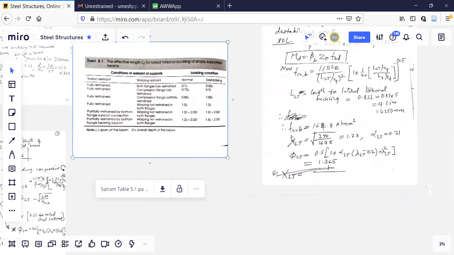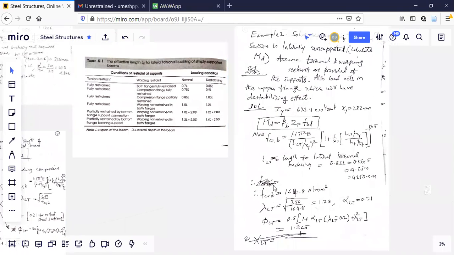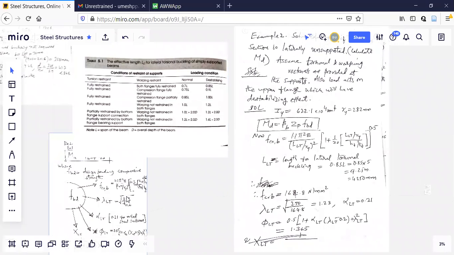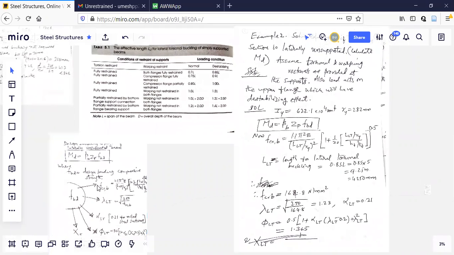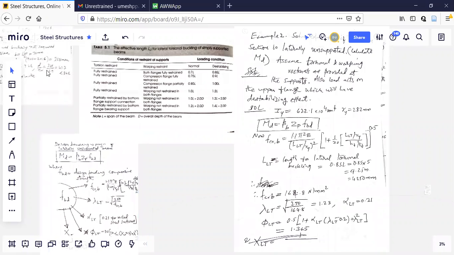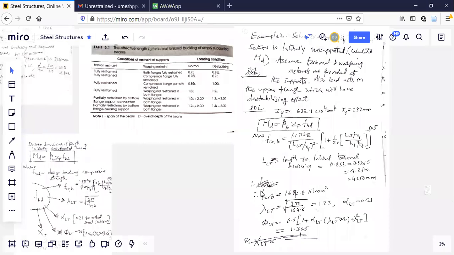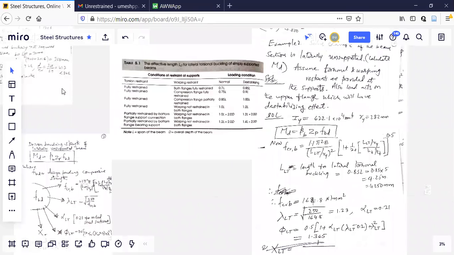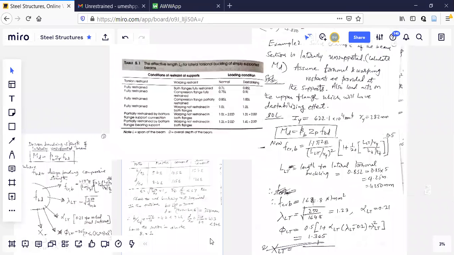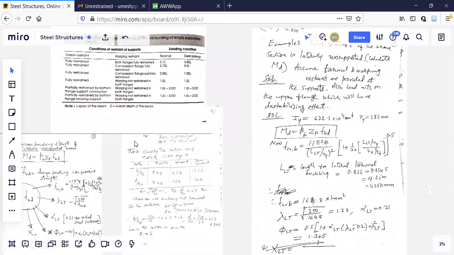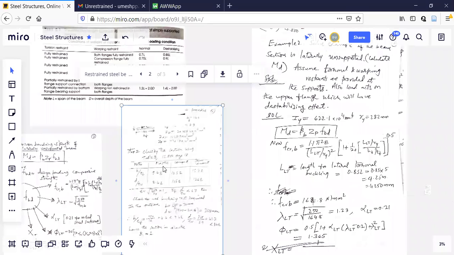So let us start this problem here. This is a single page, whatever I explained just now. I'll just check whether this is a second example or what. How many pages are there here?